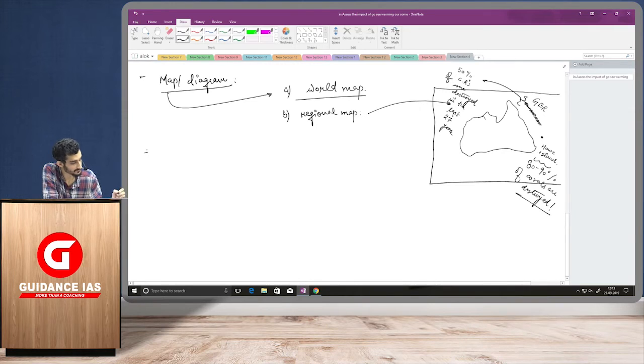And continuing further, we have other issues with respect to the impact on coral life systems vis-a-vis global warming. So global warming will first cause sea level rise, and sea level rise will increase the sedimentation rates.